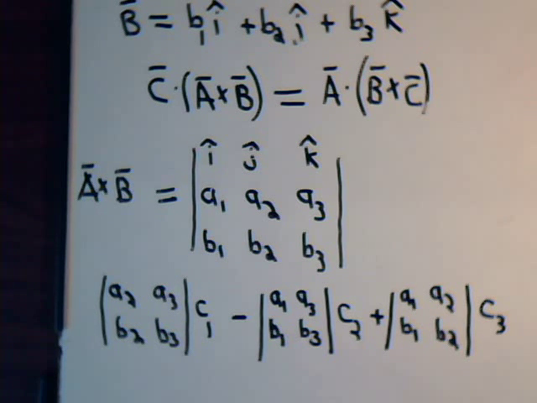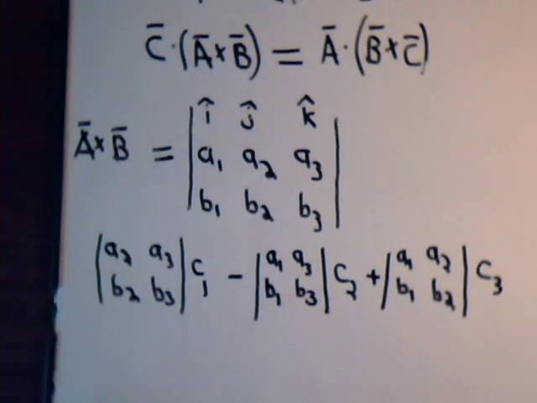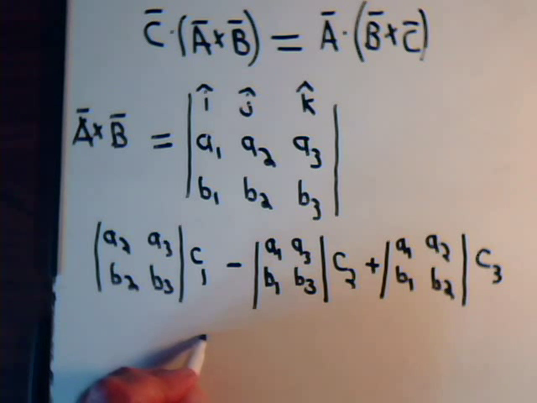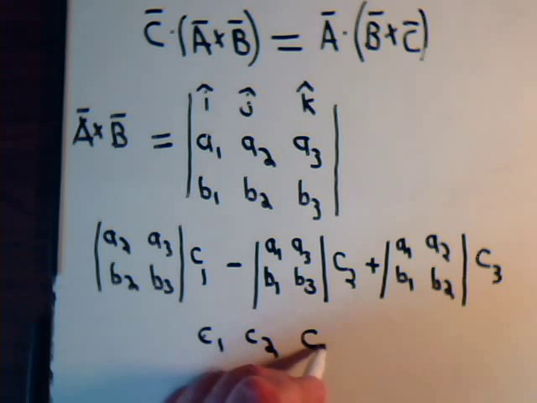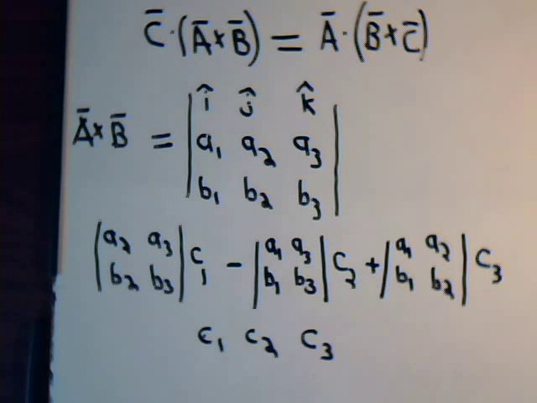Now it's being multiplied by C3. So this expression would be the same as this determinant, with C1, C2, C3 across the top, followed by A1, A2, A3, B1, B2, and B3.